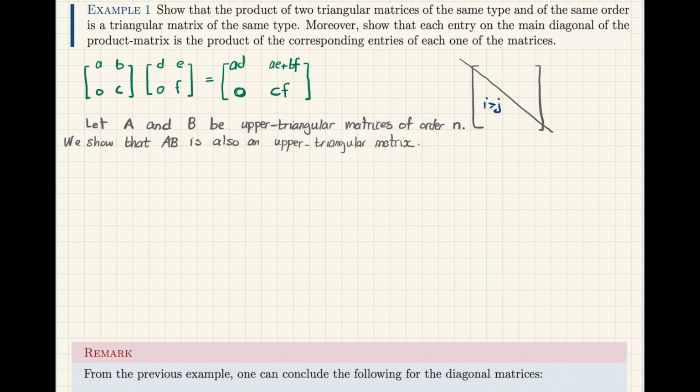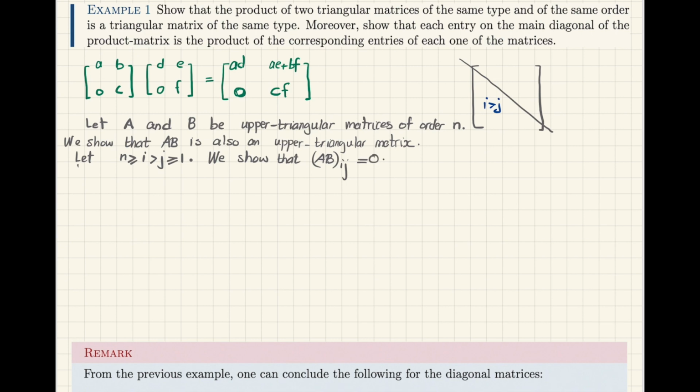How should I show this? Let n be greater than or equal to i, greater than j, greater than or equal to 1. We show that the entry (AB)_ij is equal to 0.